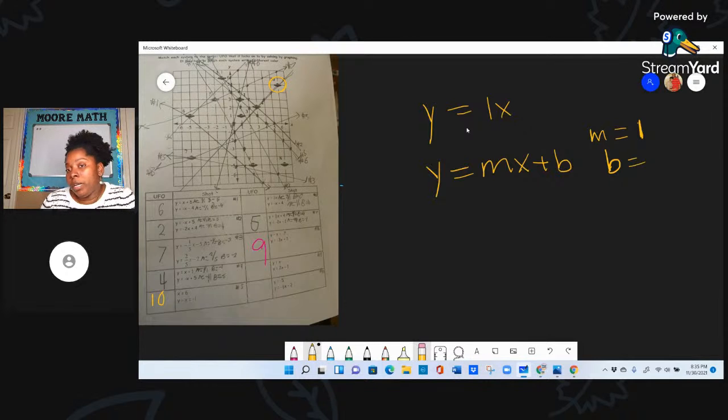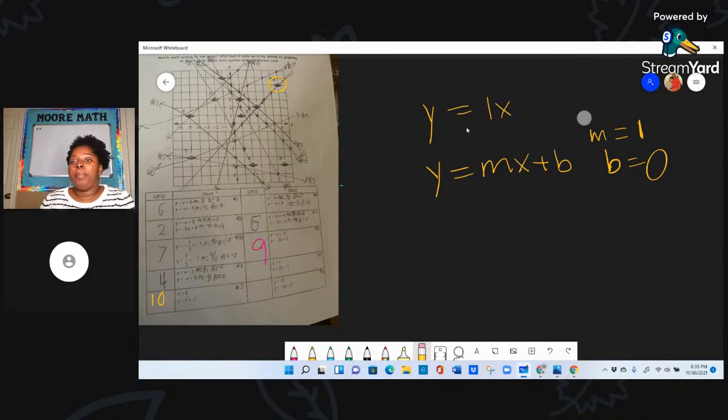If nothing's there, what number is that? What number represents nothing? 0. Okay, because x plus 0 is just x, right? So I don't have to write the plus 0 because it's just x.